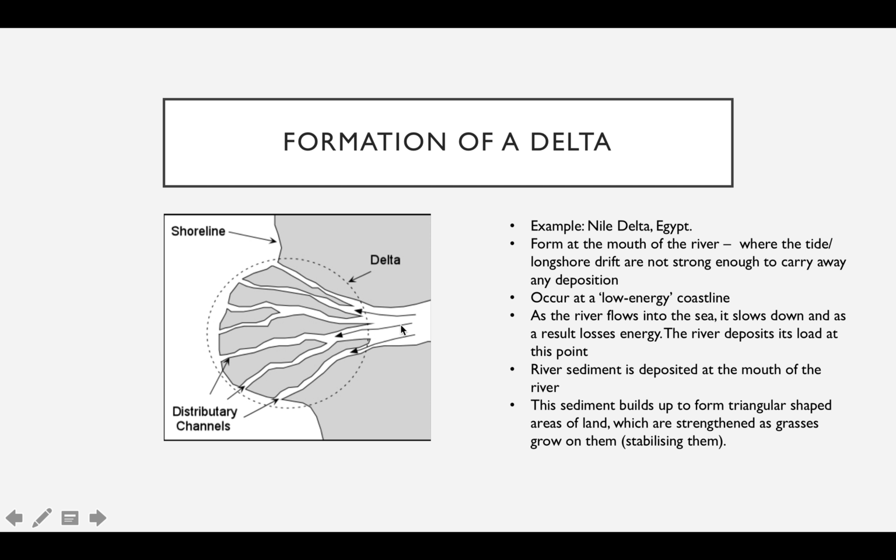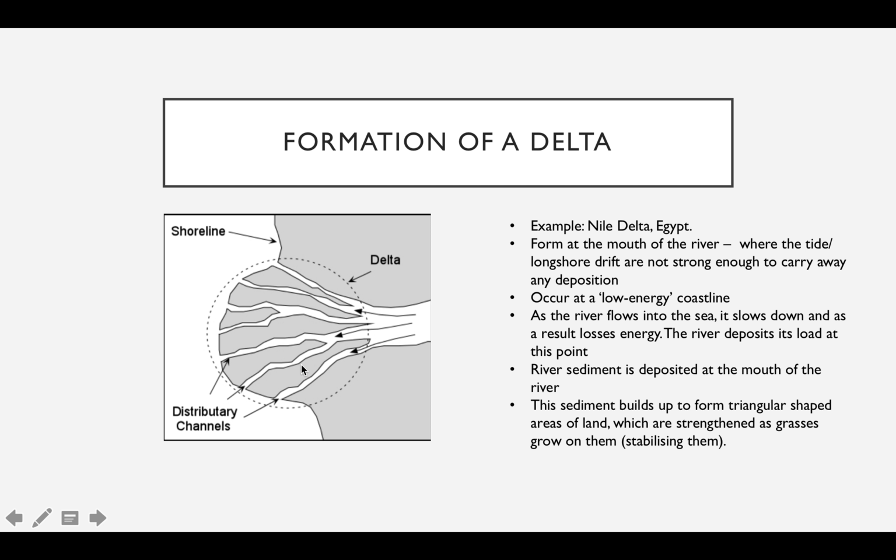The idea is the river is flowing into a slower moving body of water so that the river itself slows down considerably, and therefore it doesn't have the same amount of energy to transport the material that it could have transported. So that material, because it's not being transported, sinks to the bottom of the riverbed and builds up in the river mouth.